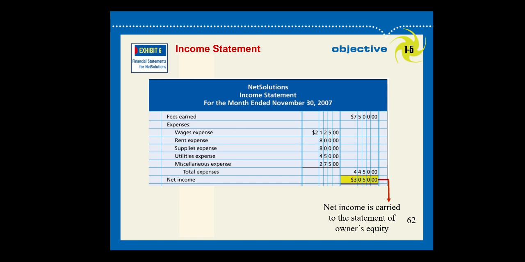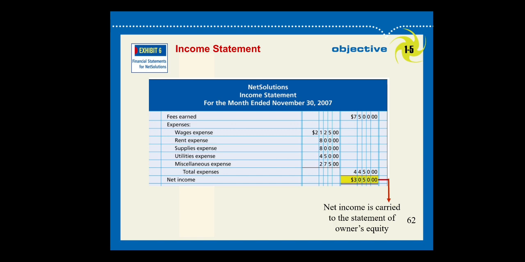So in this example, the revenue is 7,500. The total expenses is 4,550. So the net income or profit for the business is $3,050. Okay, this is the format for income statement for a service business.